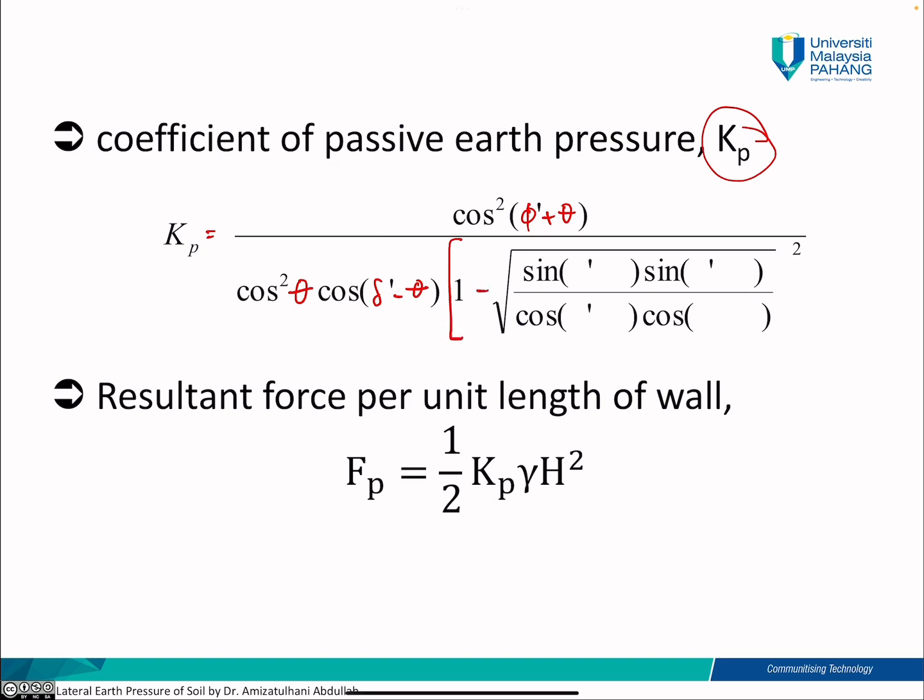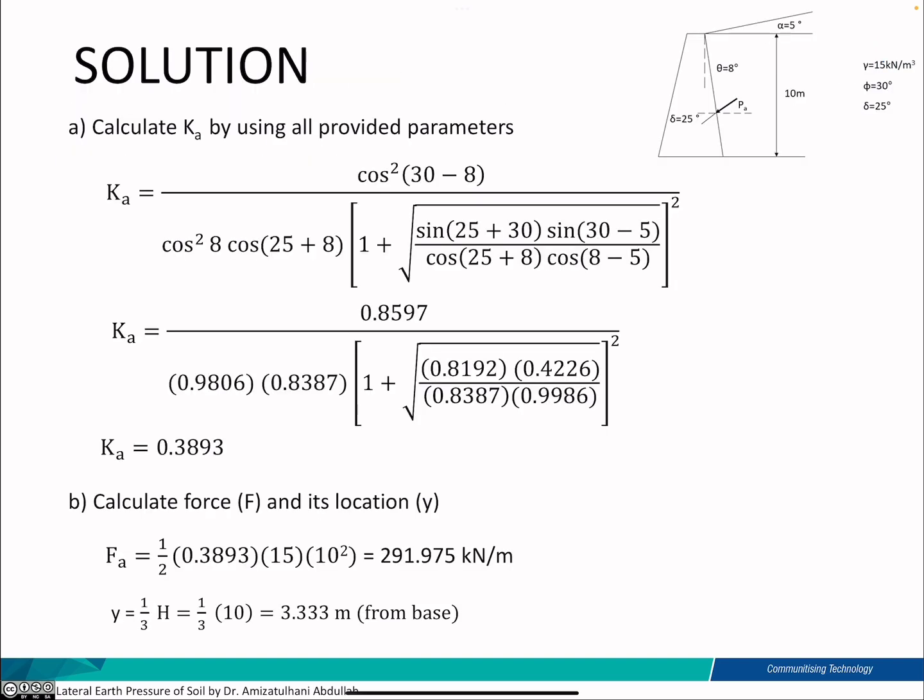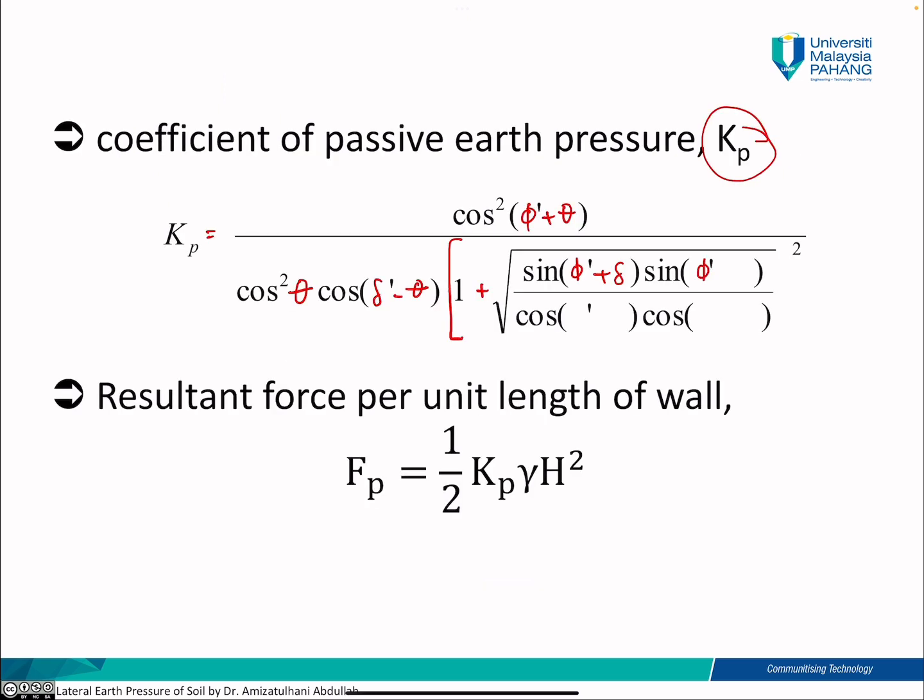And then we have to times with 1 plus square root of sine phi plus delta, sine phi plus alpha, but this one you have to go with the minus value. Alright, cos alpha minus theta.